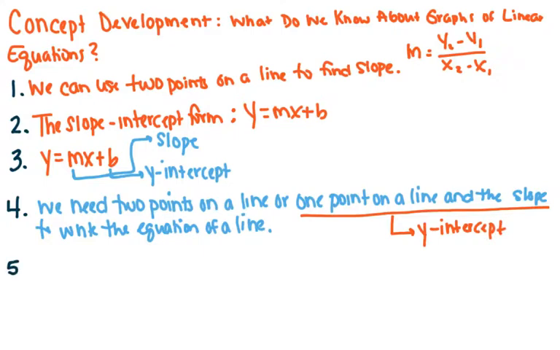So number 5 is when you multiply the slope by the denominator, x2 minus x1. This one's a little bit confusing.